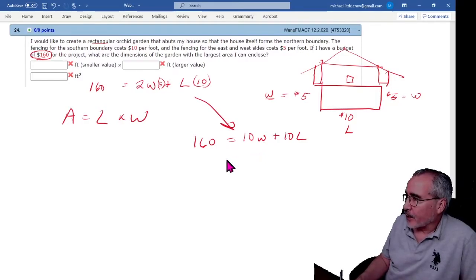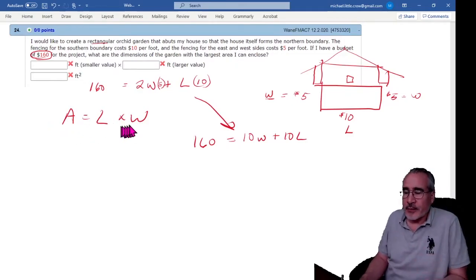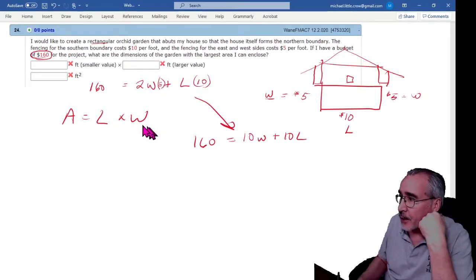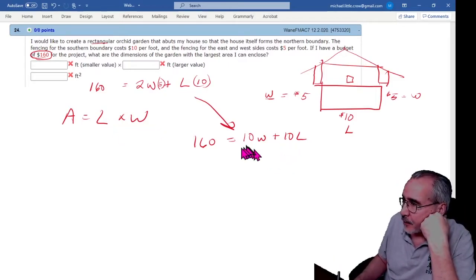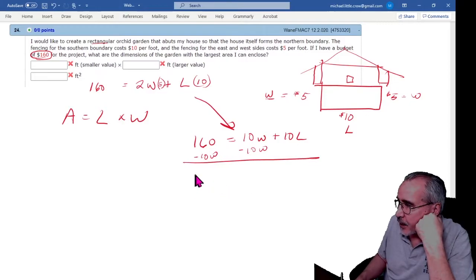Because we want to maximize this function, we've got to get it in terms of just one variable, either L or W, your choice. I'll subtract 10W from both sides. We get that 160 minus 10W is equal to 10L.